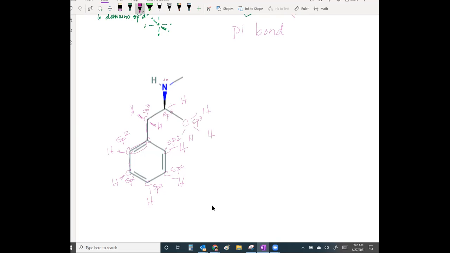Nitrogen has a lone pair on it, so that one is also sp3. So that's how you figure out, and when I draw it out, I draw all the pieces out, so you don't have to worry about trying to figure out how many hydrogens the carbon has. So that's how you figure out what the shape of a bond is in a particular molecule.